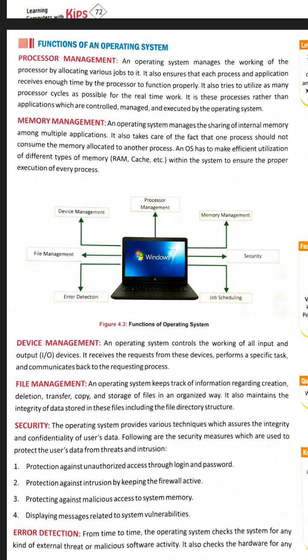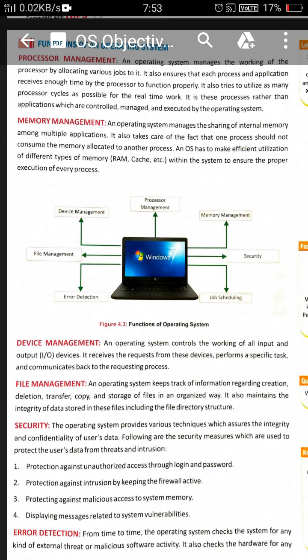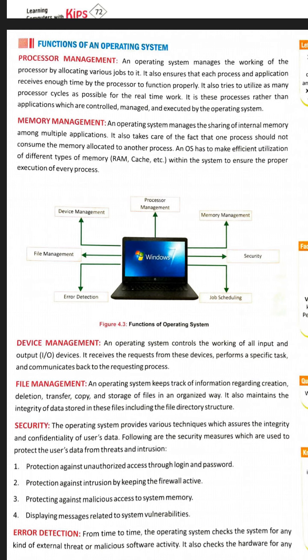After that, functions of the operating system. The operating system performs various tasks. For example, processor management. You know very well that the CPU is the main part of the computer.